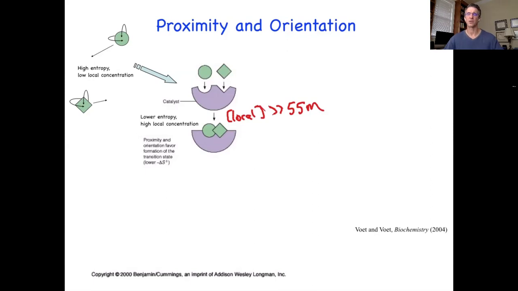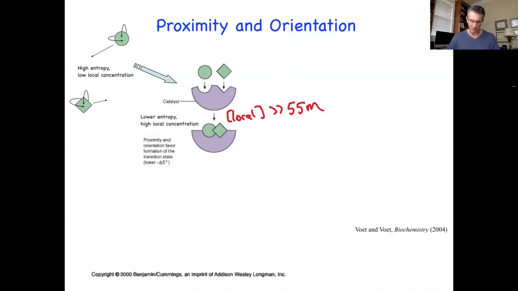So the concentration of a solute in water is never going to get very close to what water can be. But the local concentrations can be potentially an order of magnitude. There's some debate about this, at least an order of magnitude, maybe more than the concentration of water in free solution. So the local concentration of these reacting groups can be massively higher than they would be in free solution.